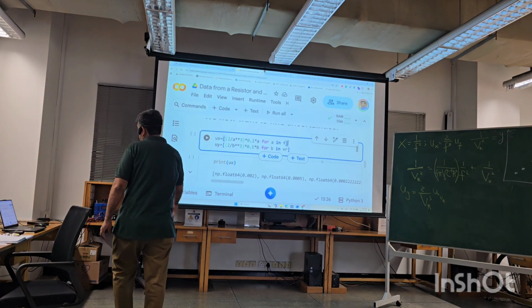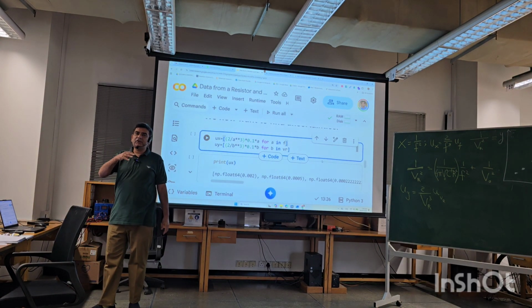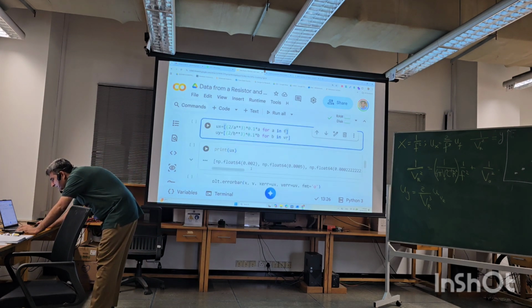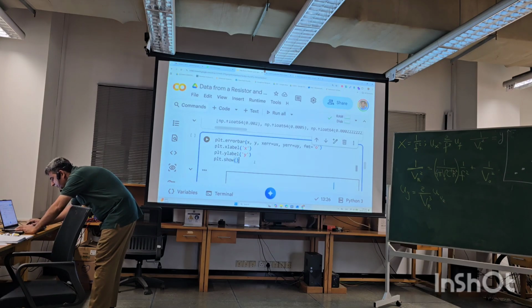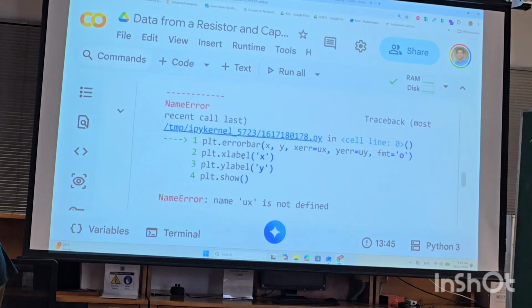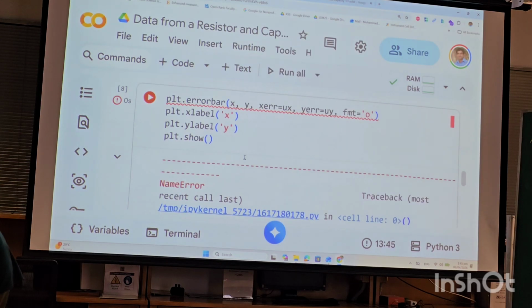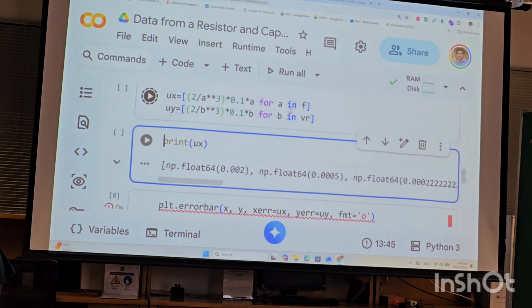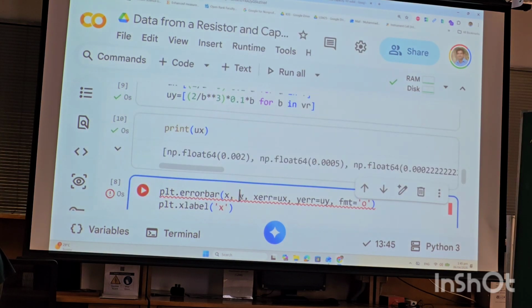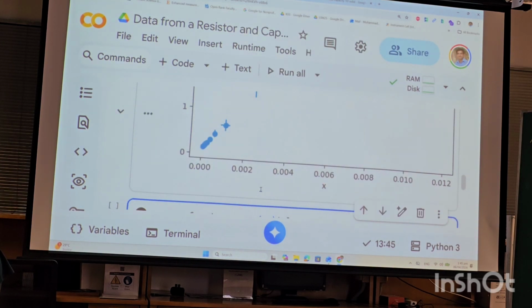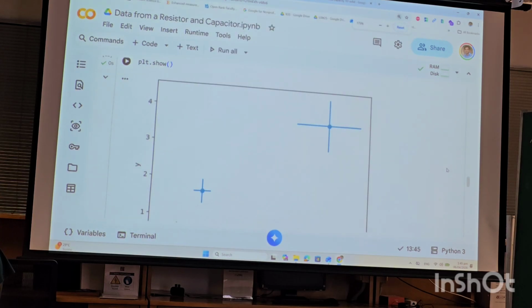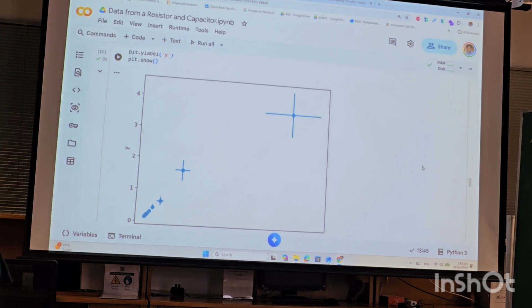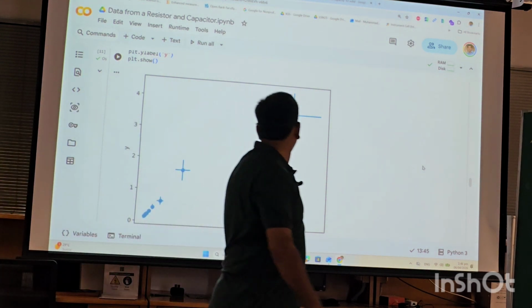So the command for that is plt dot errorbar. This is how you could do this. Can you repeat this?